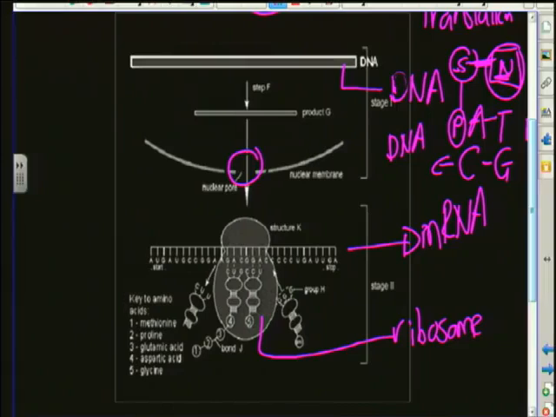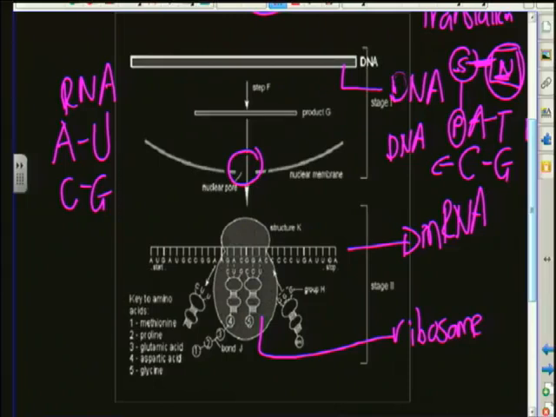What is the rule for RNA? With RNA we have a little bit of a change. We don't find thymine. Adenine always goes with uracil, and cytosine and guanine always go together. They're always nice and faithful to each other.